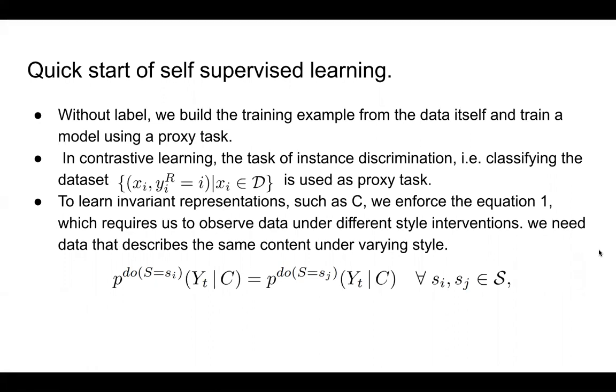Here we use do-calculus to set the style as si or sj, and then we need our representation to describe the same content, the same thing, under different styles. That's the setup of self-supervised learning, and what we want in self-supervised learning.